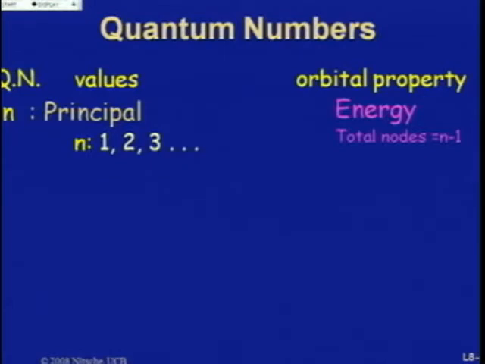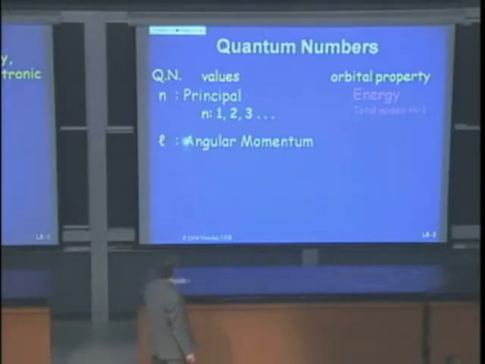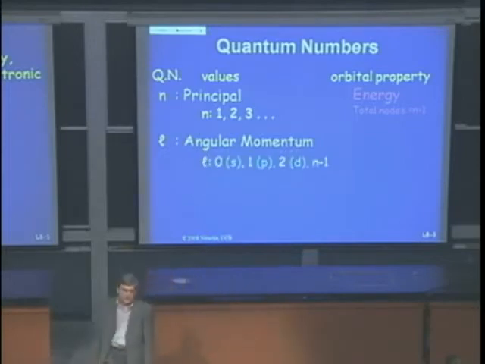So if you have n equals 1, how many nodes can you have? 0, okay? So if you have n equals 1, the angular momentum, this is the second quantum number, it gives you the shape of the orbital. The shape of the orbital can be L equals 0, L equals 1, L equals 2.